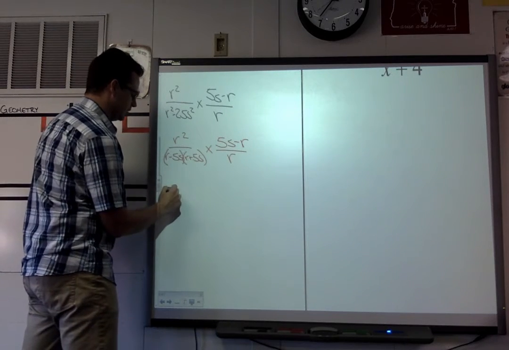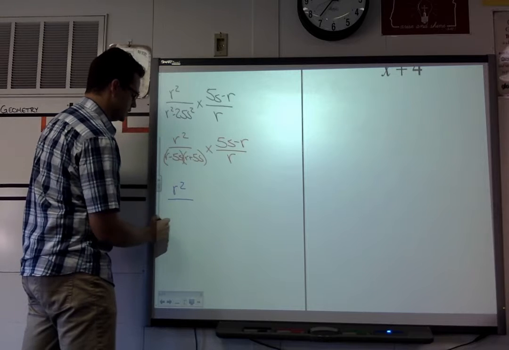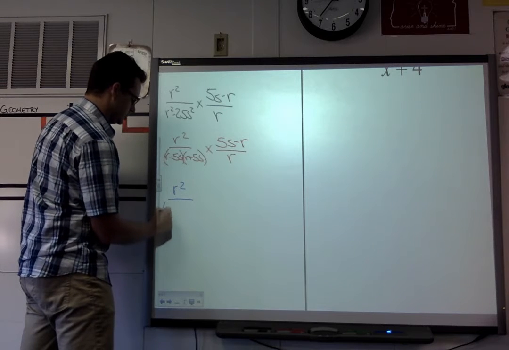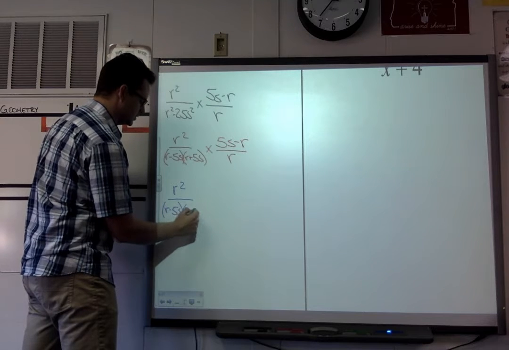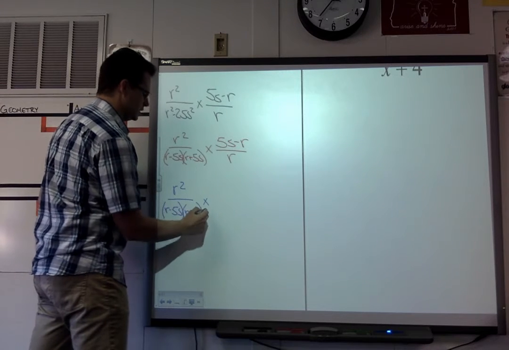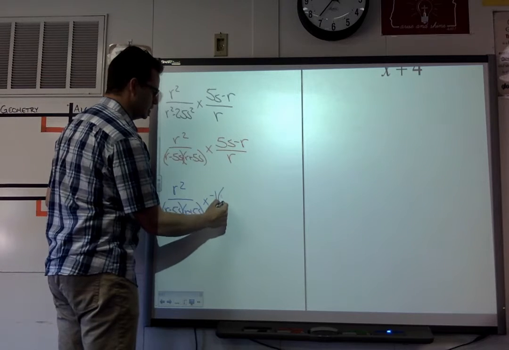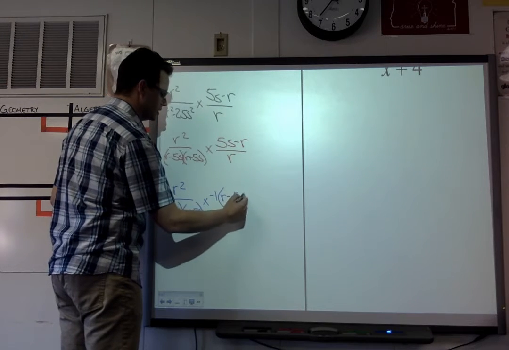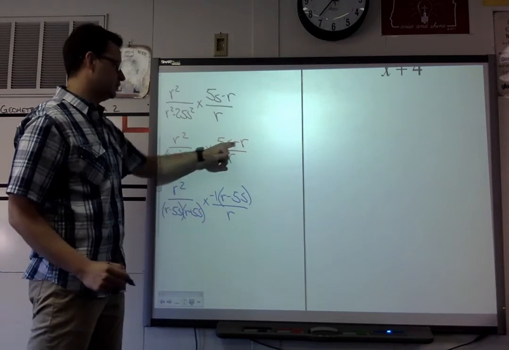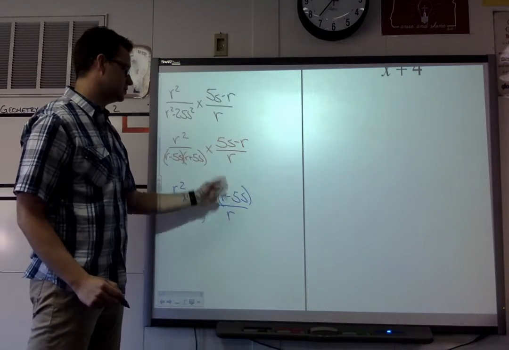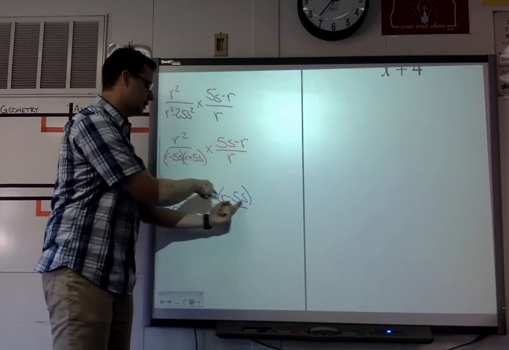So then we could rewrite this as r squared over (r minus 5s) times (r plus 5s) times -1 times (r minus 5s) over r. Again, we factored out that -1 to switch the signs and flip the order.